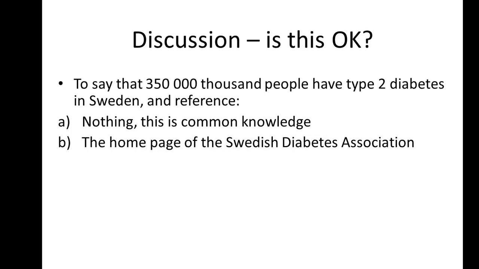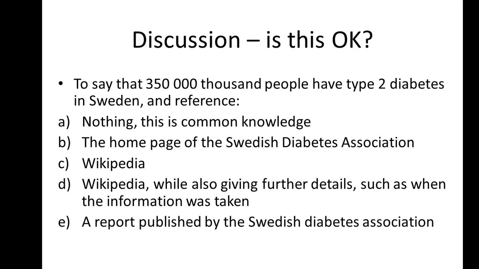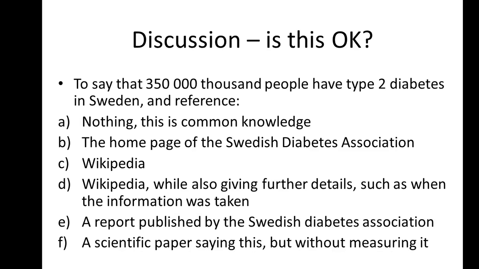Is it sufficient to reference the homepage of the Swedish Diabetes Association, Wikipedia, Wikipedia where you specify some further details such as when the information was taken, a report that was published by the Swedish Diabetes Association, a scientific paper saying this, but where they haven't actually checked this themselves, they only state this, and a scientific paper that investigates these issues. So which of these alternatives are okay?